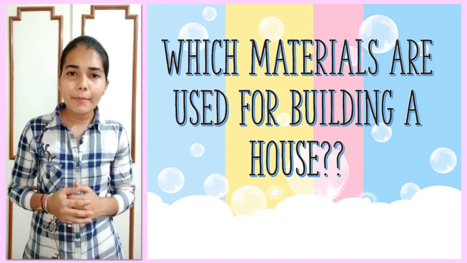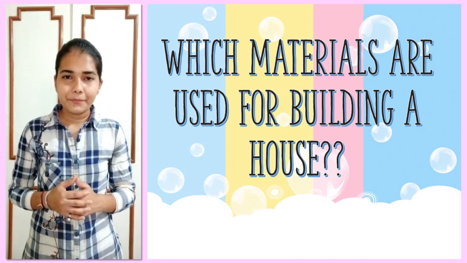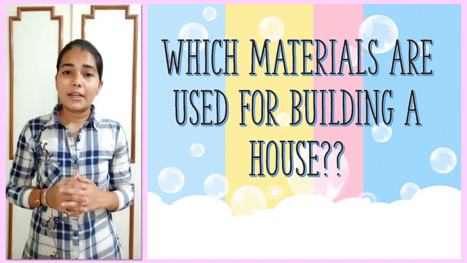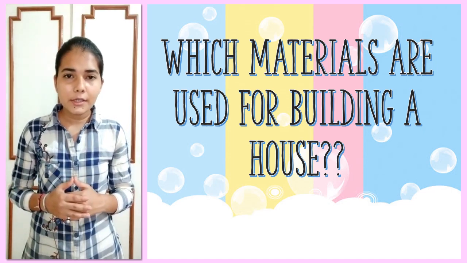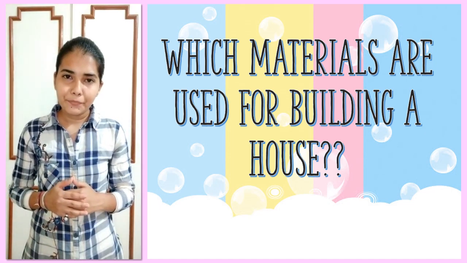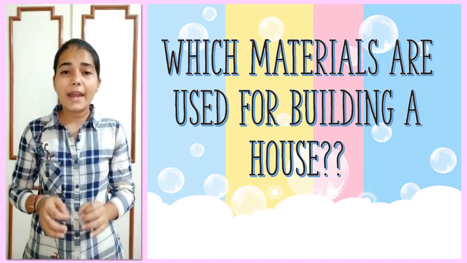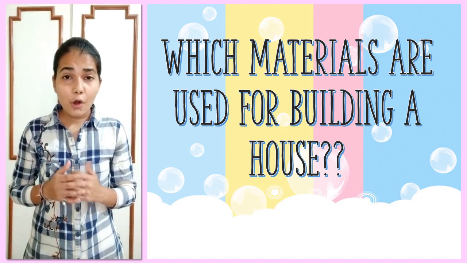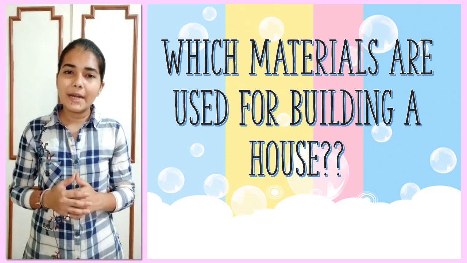It can also be made up of concrete, wood or mud. In the same way, there are multiple types of houses which need different types of materials for building. So for building a house, the most important and essential things are its raw materials. Raw materials means the things which are used for building a house.